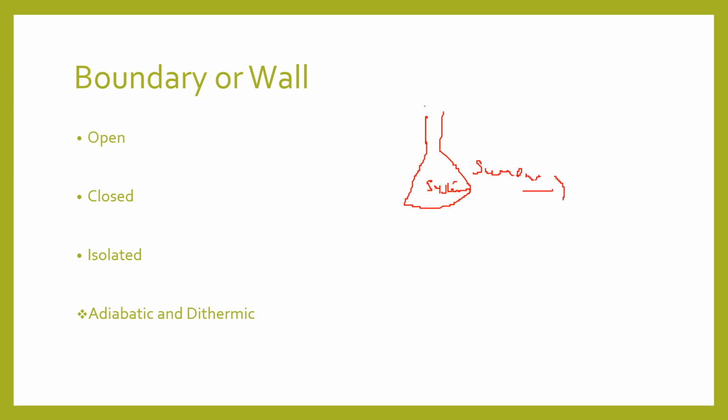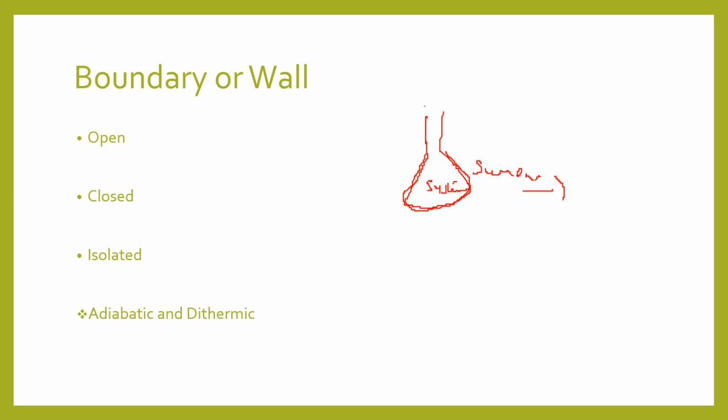The thing which separates the system from the surrounding is called the boundary or the wall. There are three types of boundaries: open boundary, closed boundary and isolated boundary. As you have learned from the earlier slide, what is an open boundary?